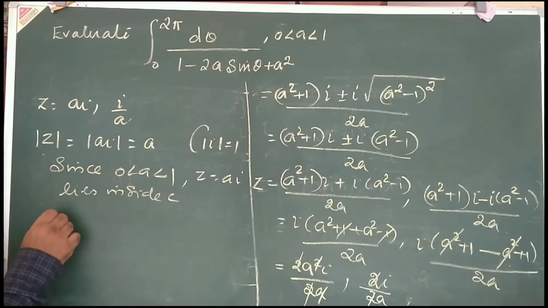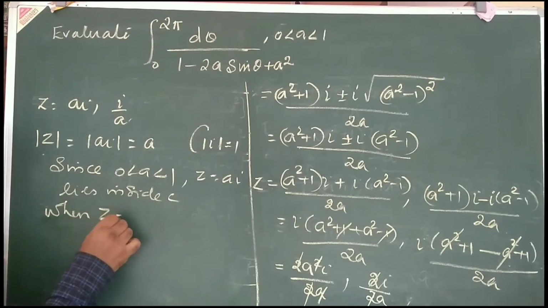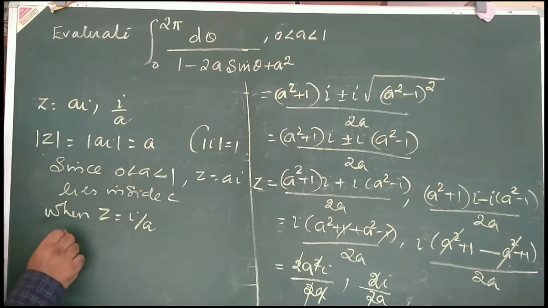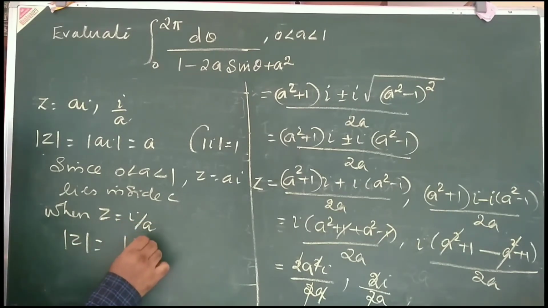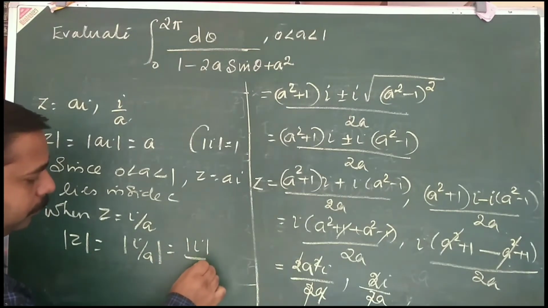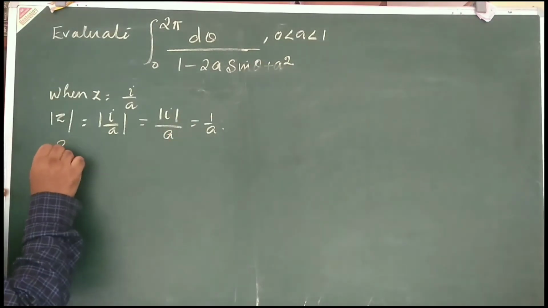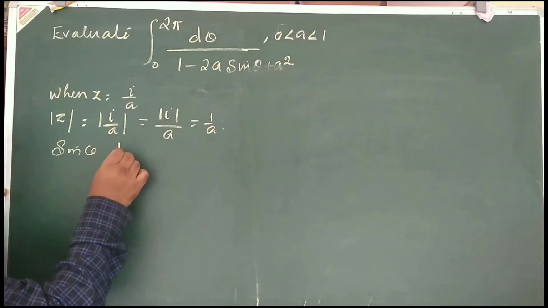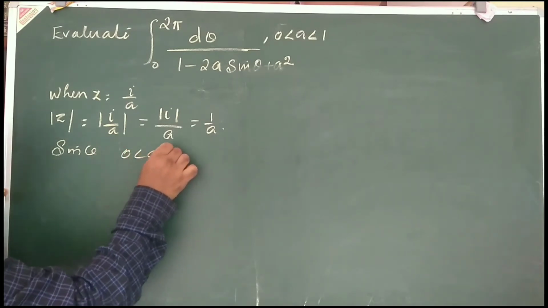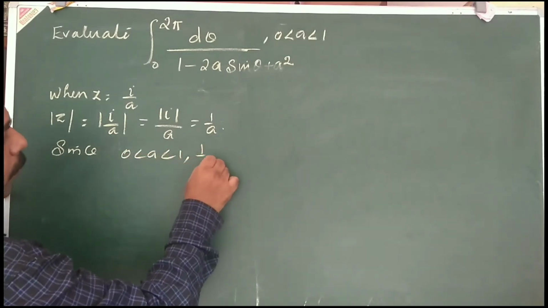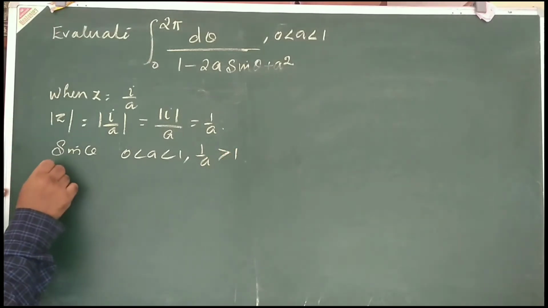Now when z is equal to i by a, mod z is equal to 1 by a. Since 0 less than a less than 1, 1 by a is greater than 1.